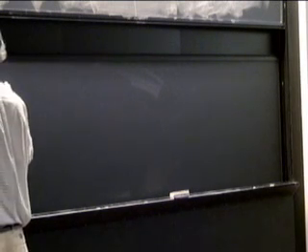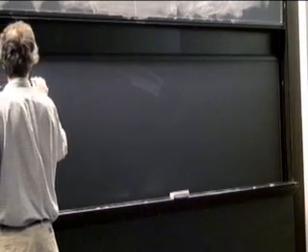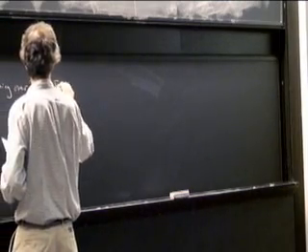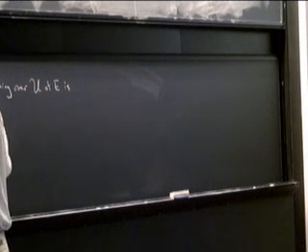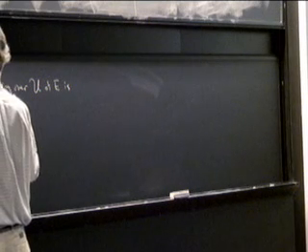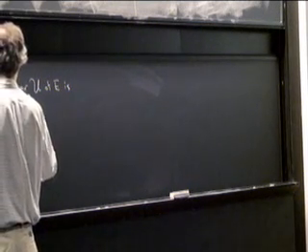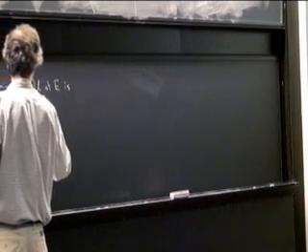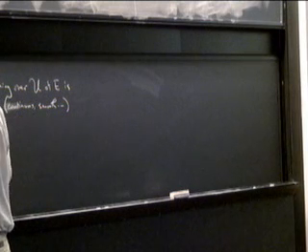So another definition is that a local framing over U of E is a choice of n continuous, or smooth, depending on our category, sections.